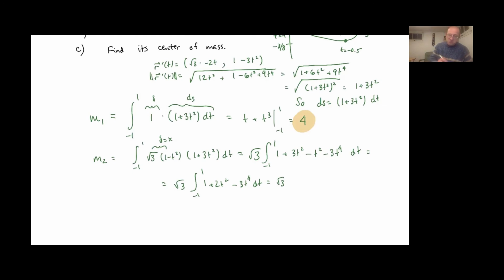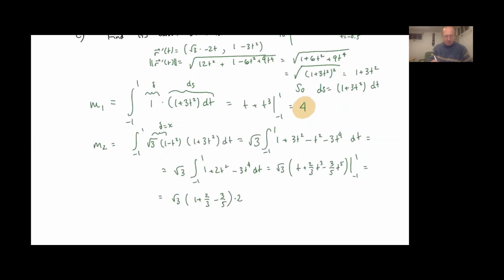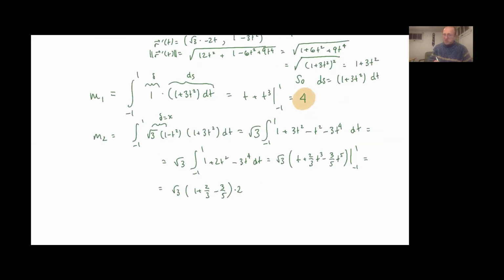And then now it's down to some fraction arithmetic. Root 3 times 1 plus 2/3 minus 3/5. That's when we plug in t equals 1. When we plug in t equals minus 1, we're going to get the exact opposite thing and then subtract that. So that's the same as adding a copy. So we have some fractions.